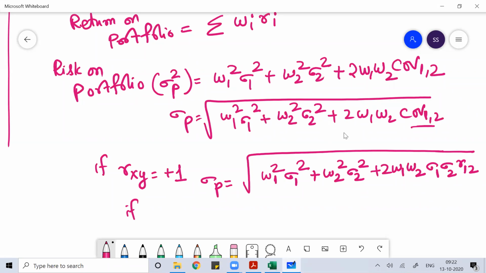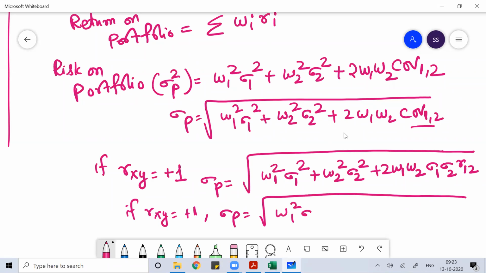If R is plus 1, then the standard deviation of the portfolio would be the square root of W1 square sigma 1 square plus W2 square sigma 2 square plus 2 W1 W2 sigma 1 sigma 2.